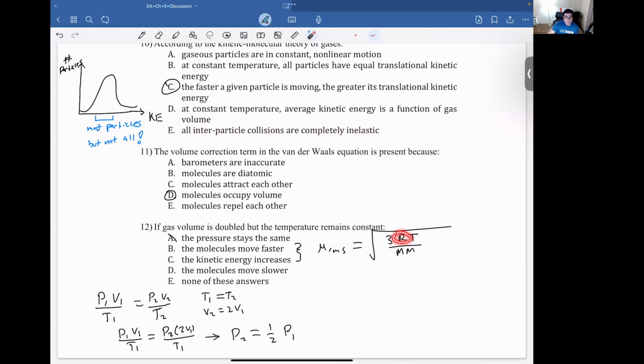R is a constant, T is the same, and the molar mass is the same. So the speed is not going to change if you double the volume, and because the speed is not changing, neither of those work.